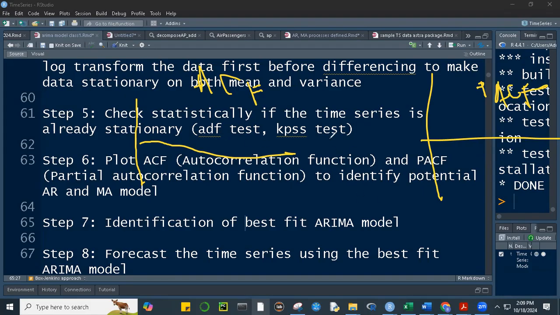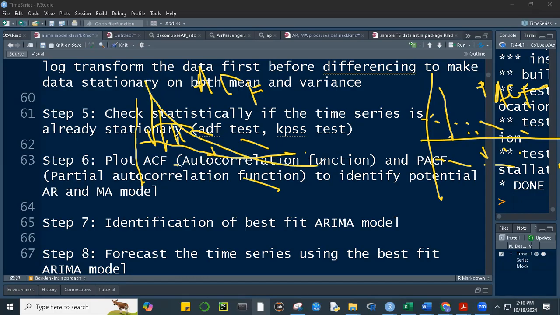For the AR process, class, the PACF looks like this. You have these lines, then there's a line here, and everything after that is insignificant. And the ACF looks like this, it decays like that. Of course, it's a bit hard for you to visualize. I'm just saying. So, we'll have an example.